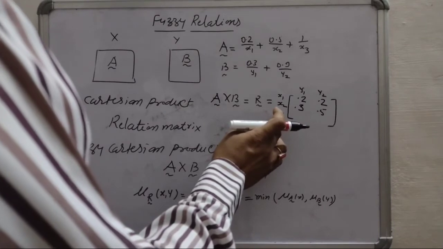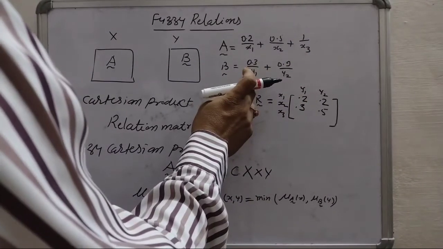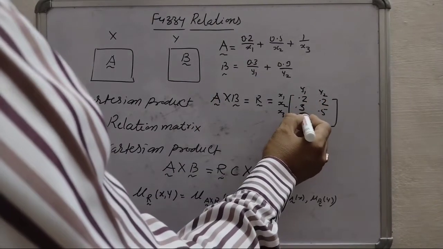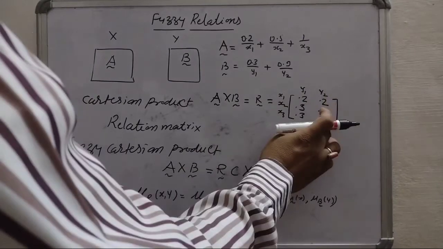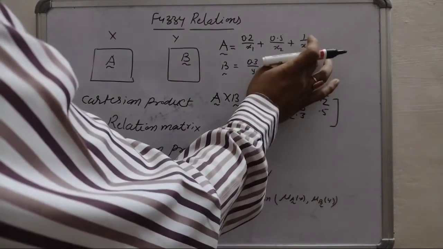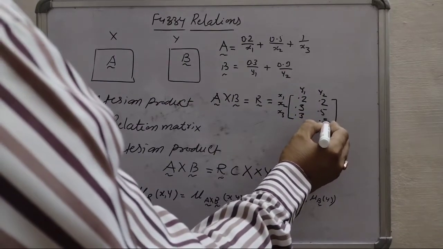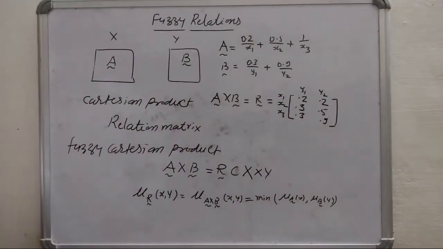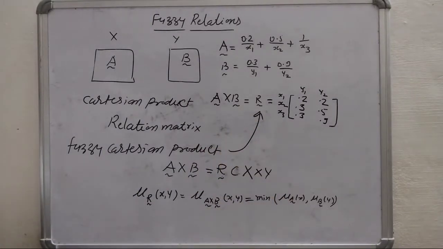Then x3 y1, this is x3, this is y1, so the minimum is 0.3. And then x3 y2, this is x3, this is y2, so the minimum is 0.9. So this is the fuzzy Cartesian product we got.